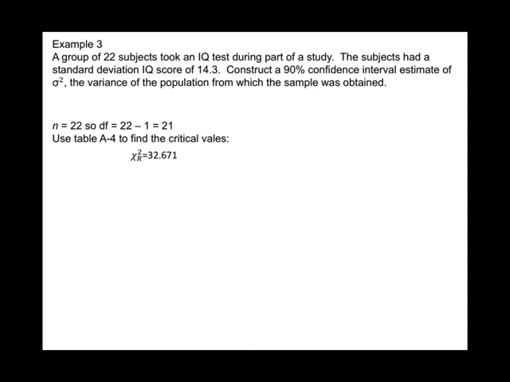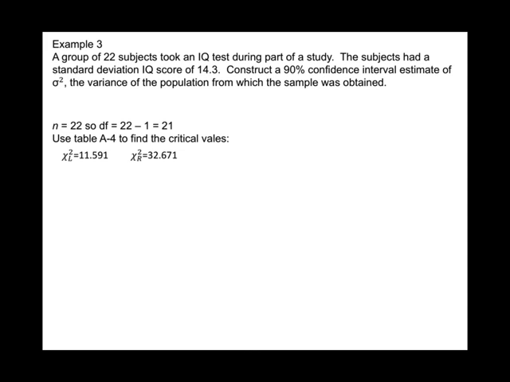You should get this. And then chi-square to the left, the area cumulative from the right should be 0.95. Okay, 0.95 and the degree of freedom is 21. So you should get 11.591.